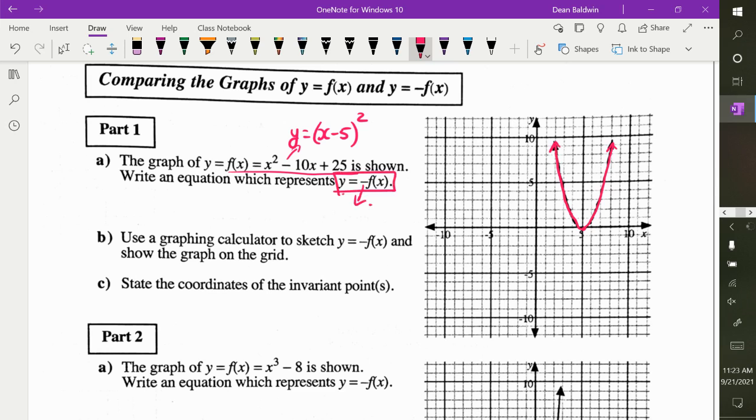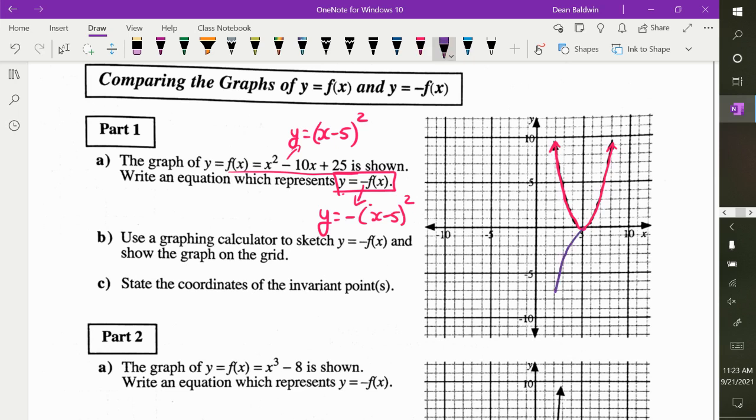What does that negative right there do? Yeah, so you're multiplying the whole function by negative 1. So the equation is now going to be negative bracket x minus 5 all squared. What does that do to the graph? It makes it open down.